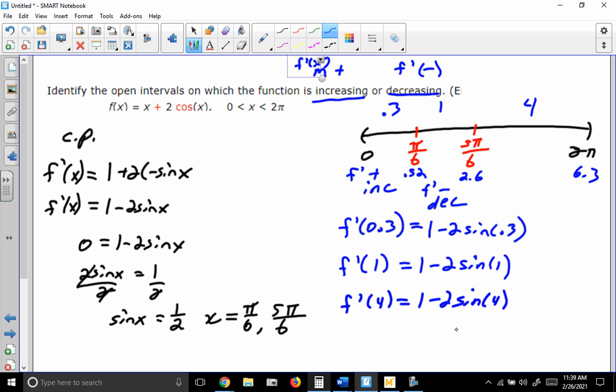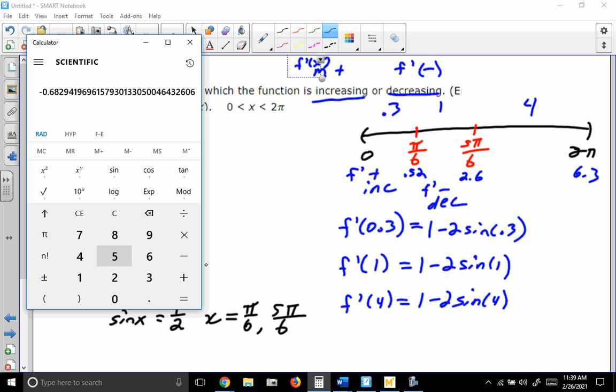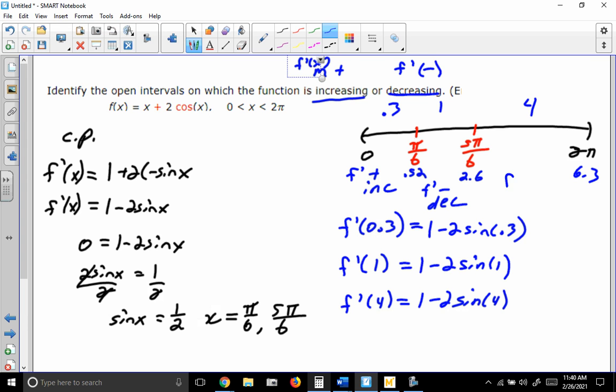So if we put in a 4, sine of 4, the coefficient, plus 1, it's positive. Our first derivative is positive in this interval, so we're back to increasing. So we're increasing between 0 and pi over 6. We're also increasing between 5 pi over 6 and 2 pi.